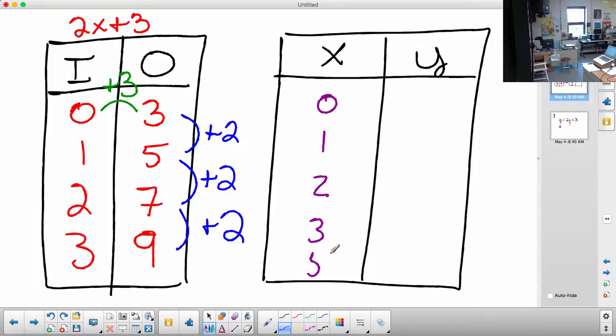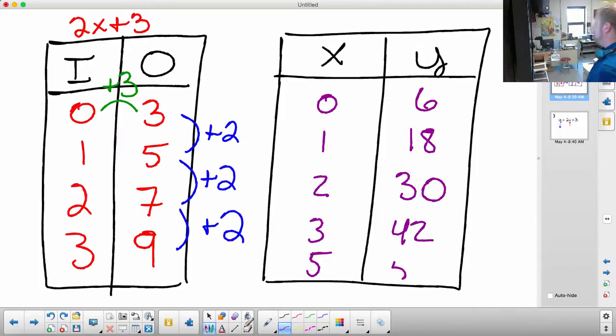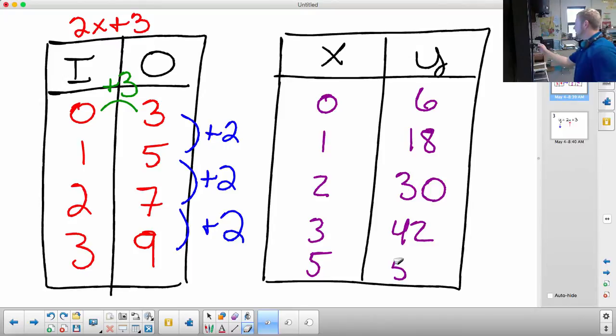And my output is going to be 6, 18, 30, 42, and, hang on one second, it's not going to be 50, sorry. It's going to be 66.